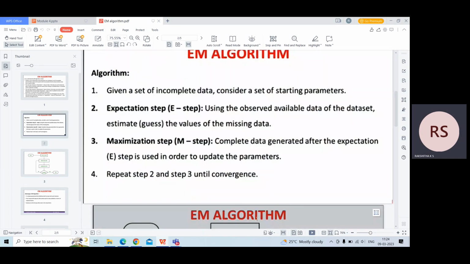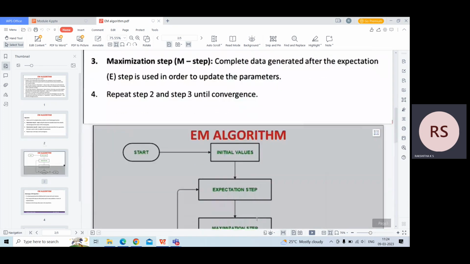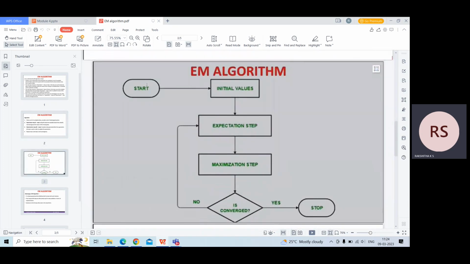Now we're going to see how the flow chart looks. First we start with the value, and whatever data we have started with gives the initialization of the value. With the value we have initialized here, the first step is the expectation.